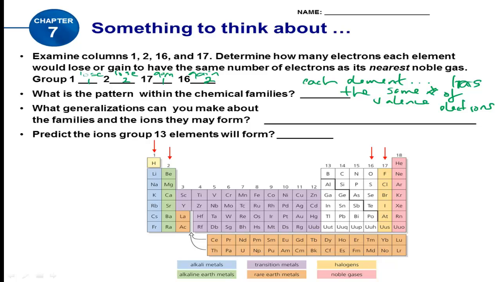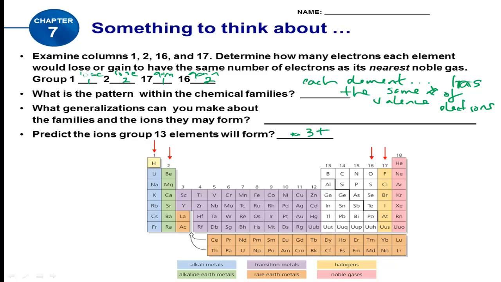But okay, so predict the ions group 13 elements will form. Where's group 13? Group 13 is over here, boron, aluminum, gallium, etc. In order to know how many valence electrons each of these has, all you have to do is subtract 10 from these. So 13 minus 10, 3. So all of these will form 3 plus ions.